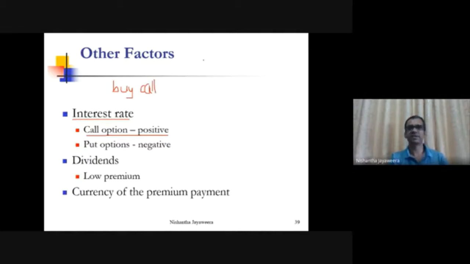Say the asset's current spot price is 100, and the premium is only 30.